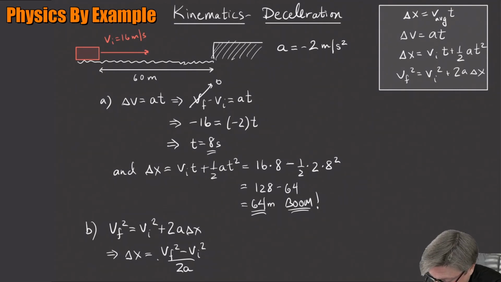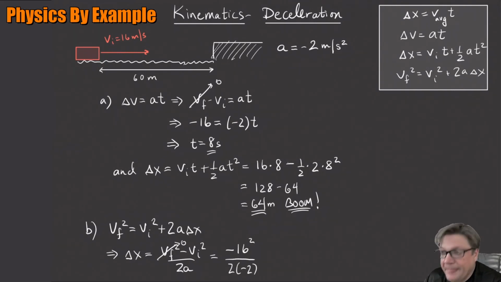Again, v final, I want that to be 0. v initial squared is going to be 16, so I have minus 16 squared. Don't square the minus sign. It's minus that thing squared. The squared binds to the v i before the minus sign. So the minus sign doesn't go away right there. And then 2a is going to be 2 times the minus 2. See? Now those minus signs are going to go away.